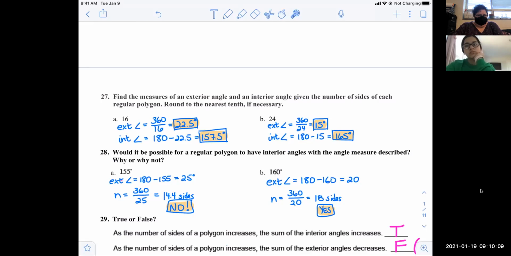Why is this one no? Paul. Right. Yeah, so if it does not divide evenly, then it's not possible to have a regular polygon with those interior angle measures.